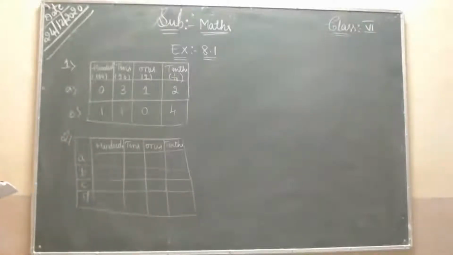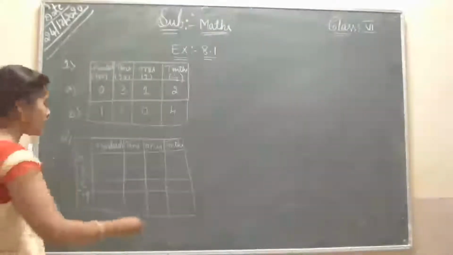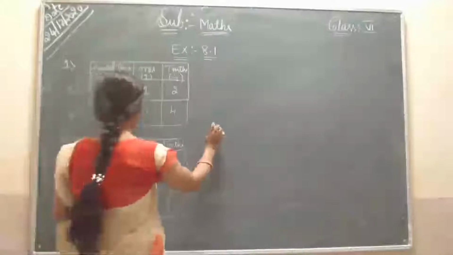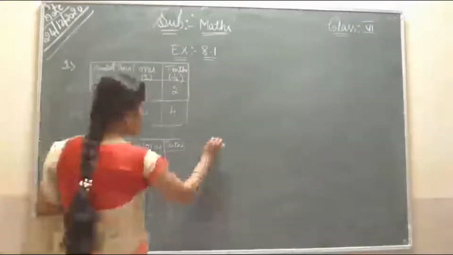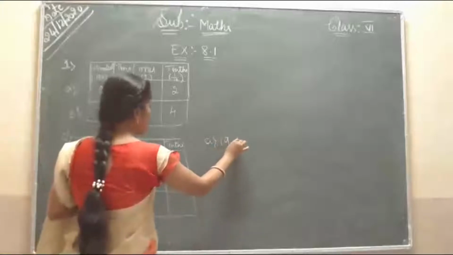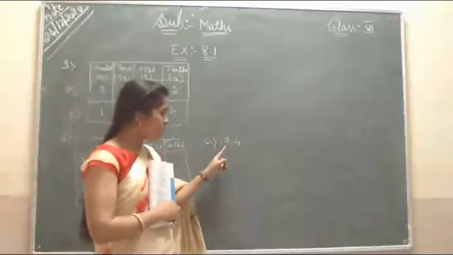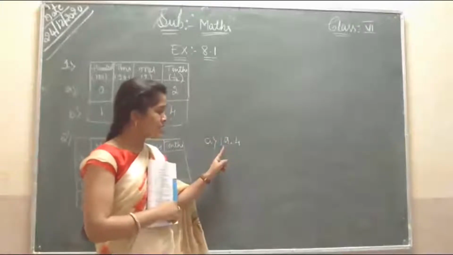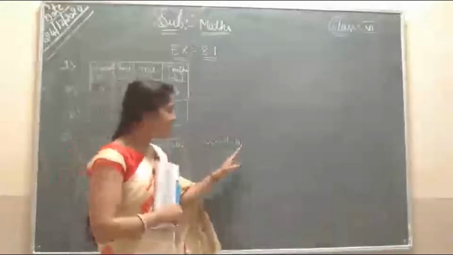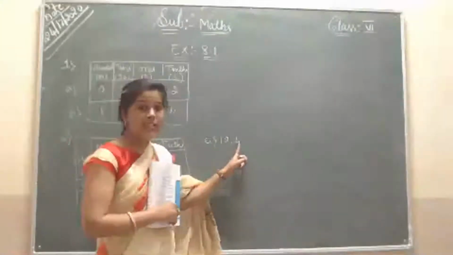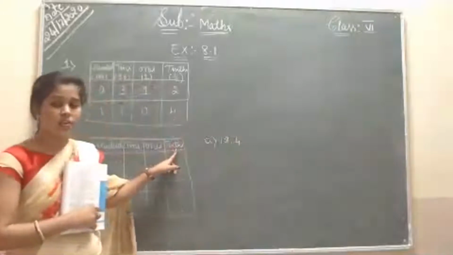See here, in this A, 19.4. We know that before the decimal, it goes ones, tens, hundreds, thousands, and after the decimal, tenths, hundredths, thousandths we have to write.